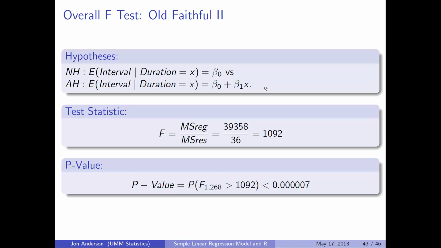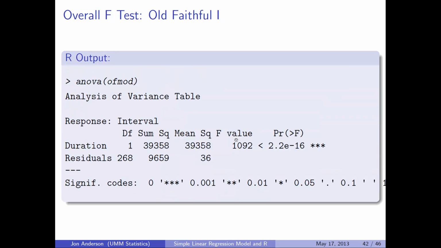So sketching it through here, we have a null hypothesis, we have an alternative. I put in the appropriate sum of squares, the appropriate mean squares, and we get the F statistic of 1092, like we see here in the R output.